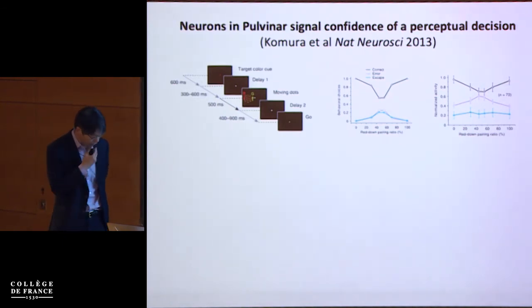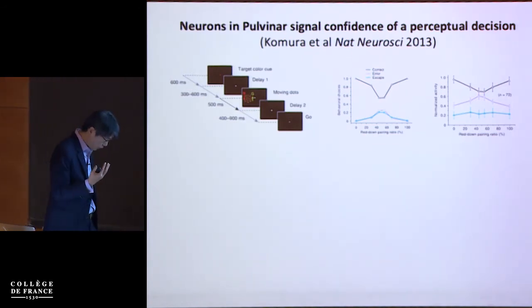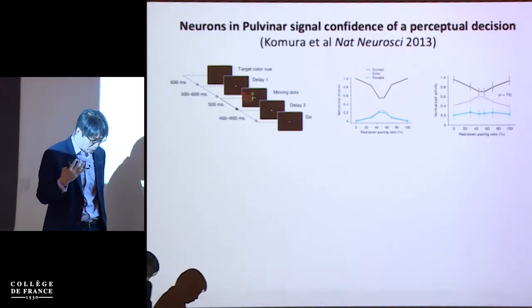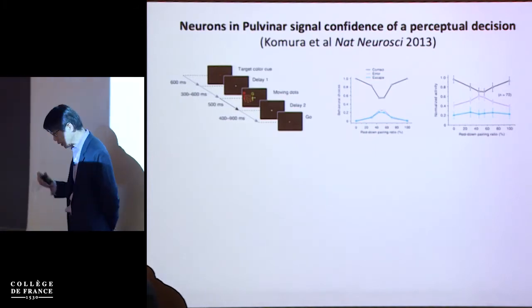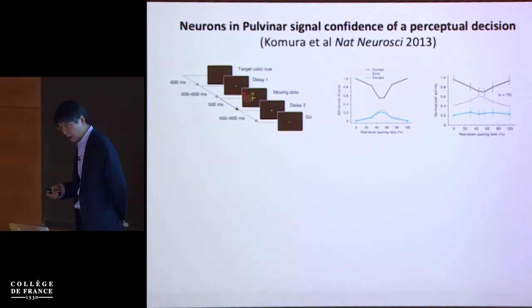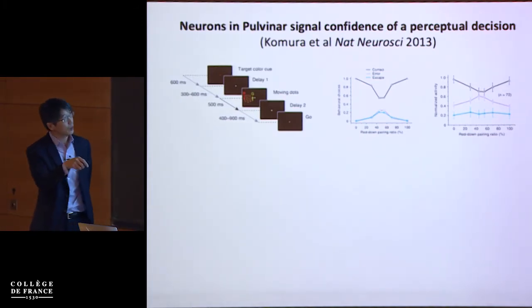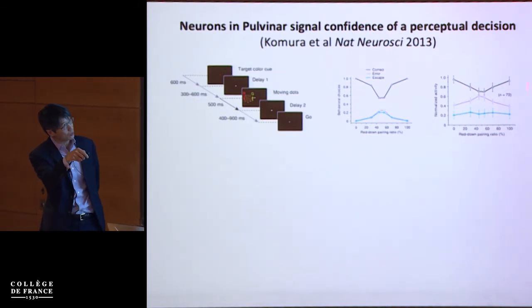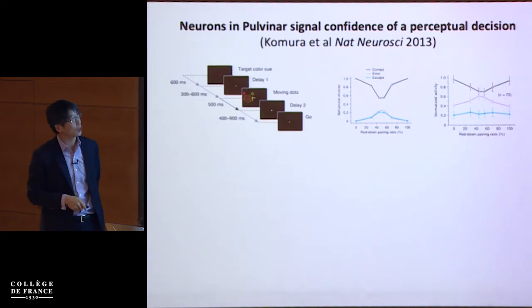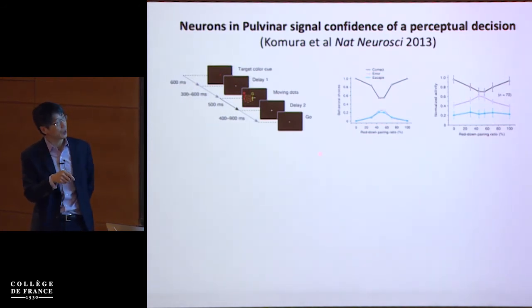So one key thing to look for neuron signals that might reflect your sense of confidence is summarized here. This is a recording from single units in a part of the thalamus, a subcortical structure called pulvinar, in a perceptual decision-making task. Let me skip some details.